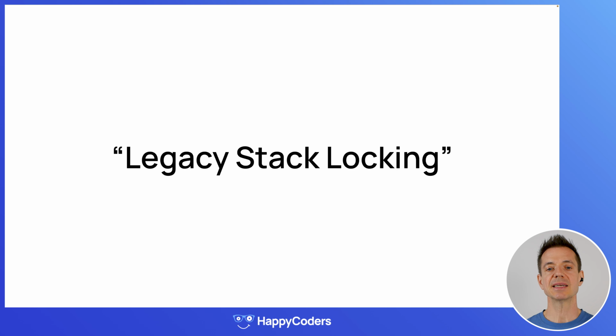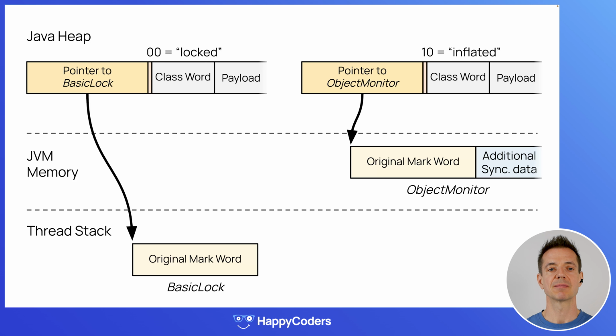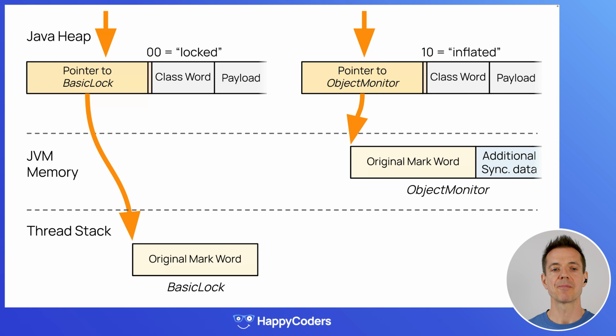Legacy stack locking has two major disadvantages. First, as long as an object is locked, the information in its mark word can only be accessed indirectly via the basic lock or the object monitor. This makes, for example, reading the identity hash code more difficult.